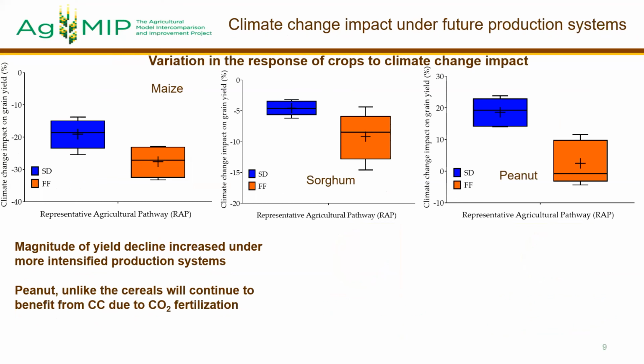So here we move to what the impact of climate change would be on future agricultural production systems. One thing which is evident is the magnitude of change that is seen for particularly the cereals. So we have higher decline in yield under the more intensified production systems, which characterize our future production systems. And here, we are showing only 2 scenarios, that's the sustainable development and then the fossil fuel driven scenarios.